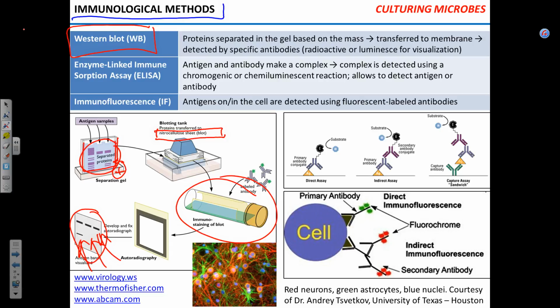So it allows you to recognize a specific protein. It is awfully sensitive. It can detect 10 to the power of negative 12 grams. Current methods allow you to see minute amounts, okay?